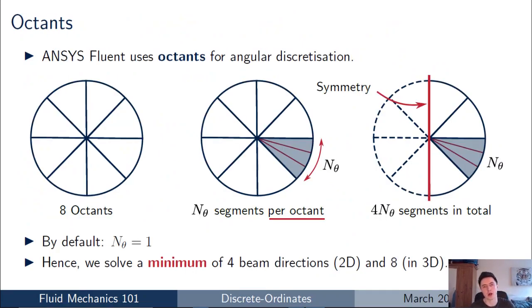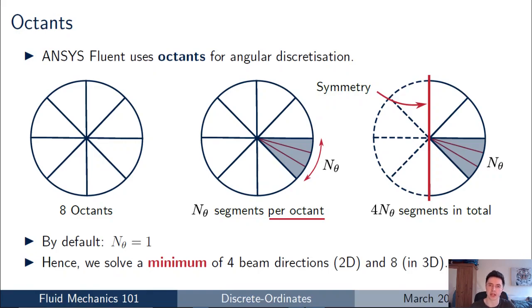Now, just a small note on notation for those of you who use ANSYS Fluent. ANSYS Fluent chooses to discretize these beam directions using octants. So if you look at the image on the left hand side there on the slide, you can see that 360 degrees is split into 8 octants.